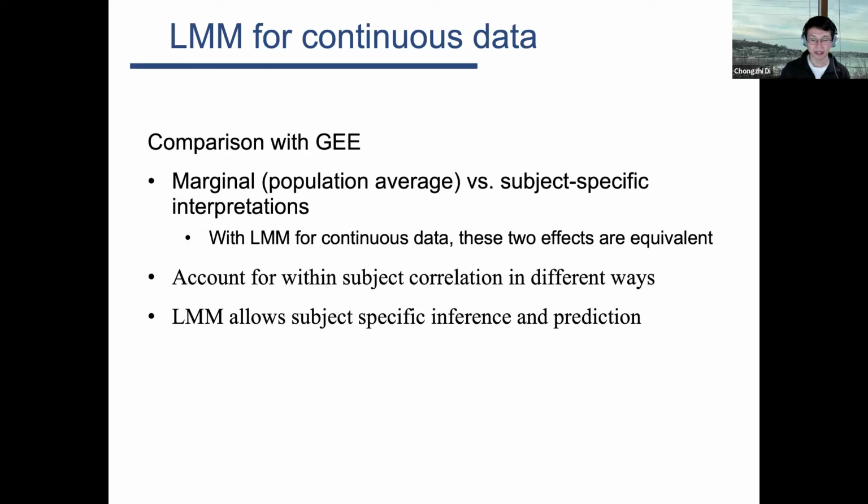For example, you are comparing two different treatment groups, and asking whether, on average, treatment B has a stronger effect than treatment A. But in linear mixed effects or random effects models, we are typically more focused on subject-specific interpretations.